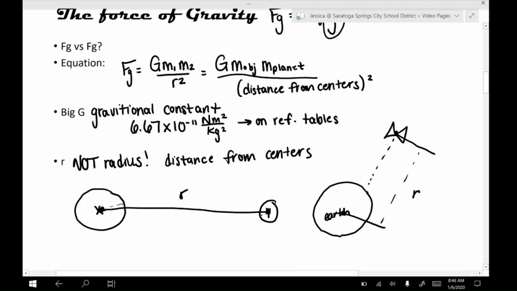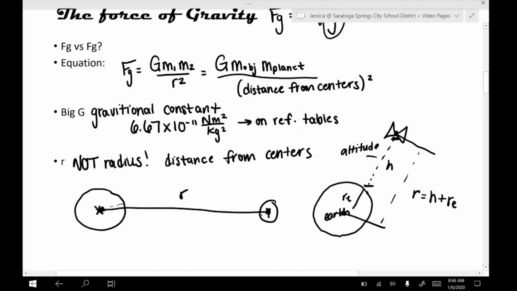So that r represents what's usually called the altitude, or the height above the surface, plus the radius of the Earth. The radius of the Earth is usually given to you if you need it, but just remember that this r value here would really be the altitude plus the radius of the Earth. So that's something we have to keep in mind.